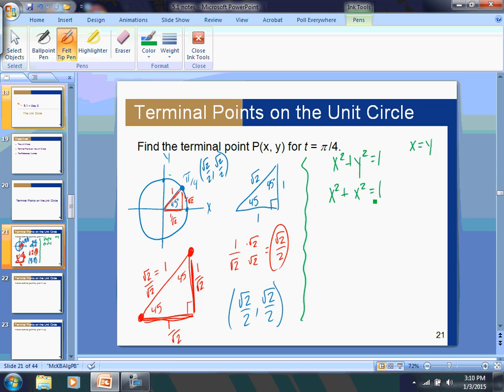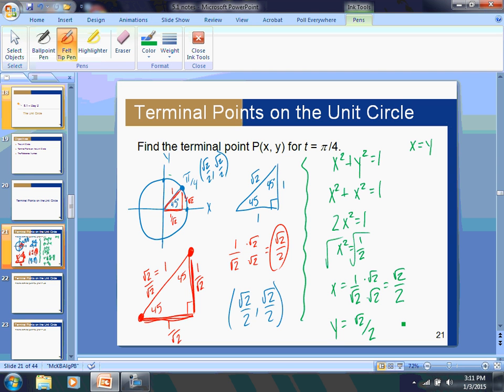So I have x squared plus x squared is 1, and now I can just solve this. 2x squared equals 1. So x squared is a half. And when I take the square root of that, then I'll have 1 over the square root of 2, which I have to rationalize. So I get square root of 2 over 2. And if x is equal to that and x is equal to y, then y is also equal to square root of 2 over 2.